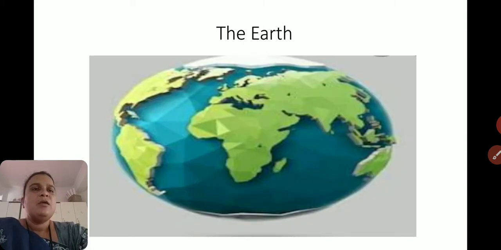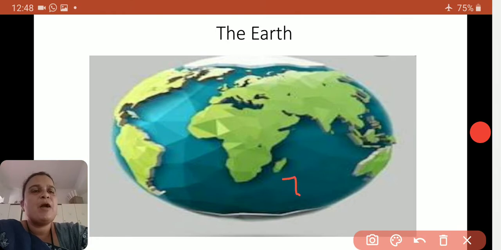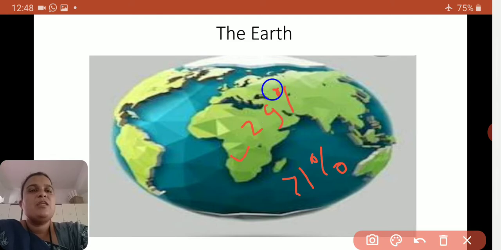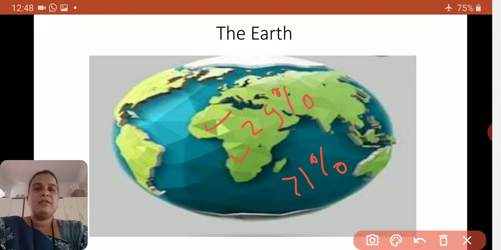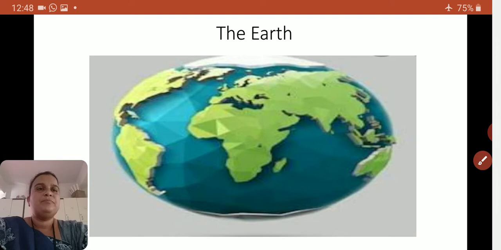Now you can see here the planet Earth, our dear planet Earth where we live. Here in this image you can see the dark bluish proportion which shows water. On the planet Earth near about 71% proportion is covered by water and the remaining 29% area is covered by land, where we build our houses, roads and do agricultural activities and so on.